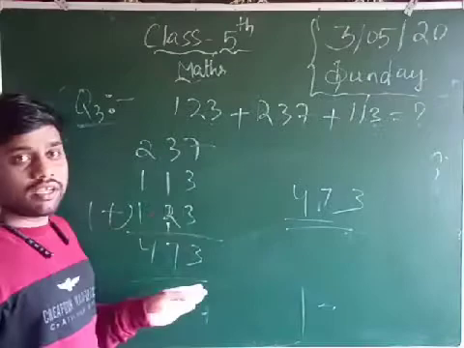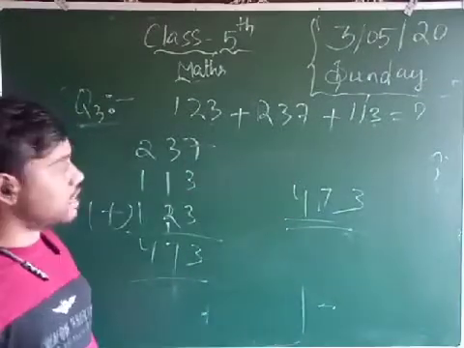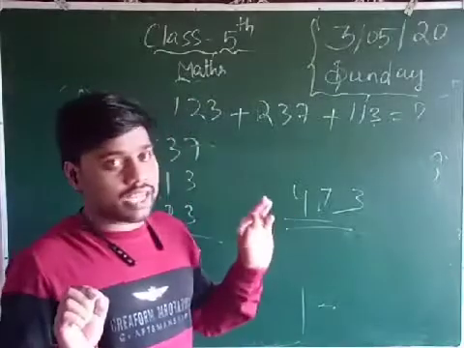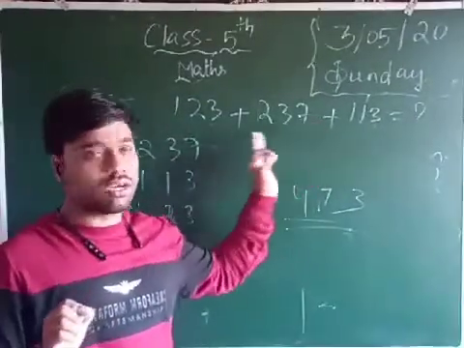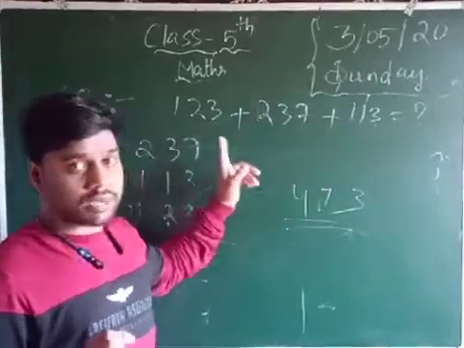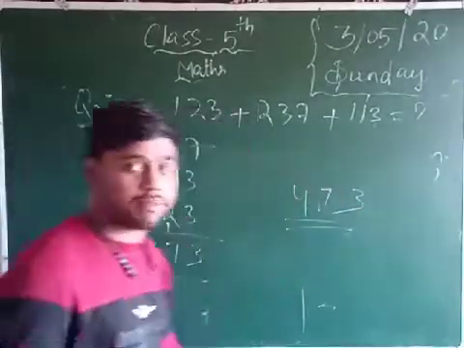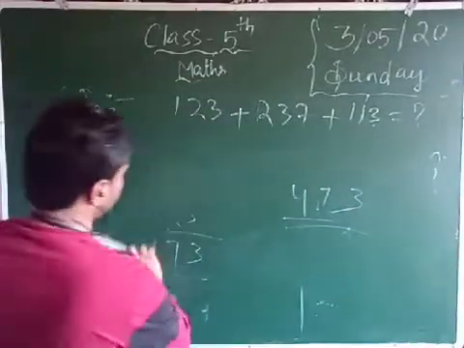This is a very long process. Directly you can do it in a series like this. But in the series method you must place the values: start with the ones place, add all the ones, then the tens place, then the hundreds place. You follow this pattern in the series method.